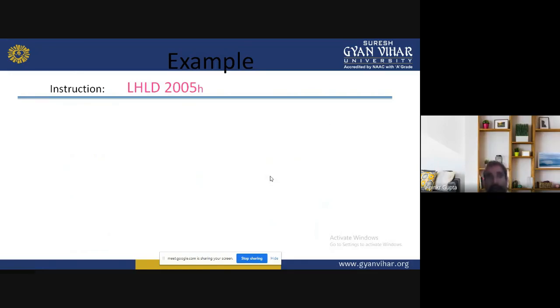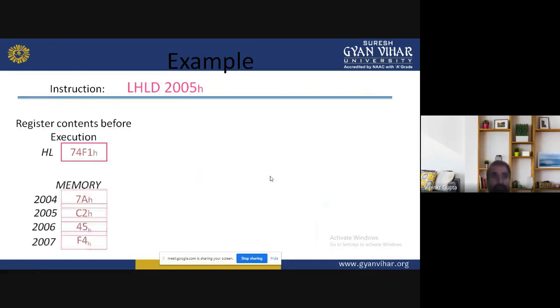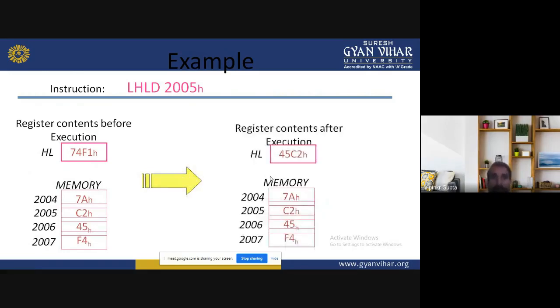LHLD, load HL pair. The address is given, and that address and the next memory address are used, because every memory location has only 8-bit data and now we need 16-bit data. So we are taking the next incremented data.